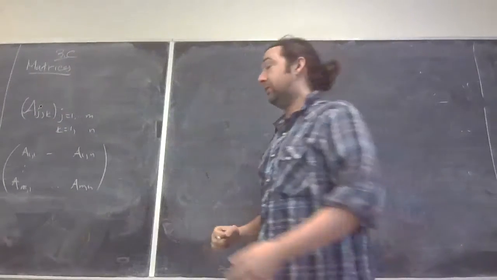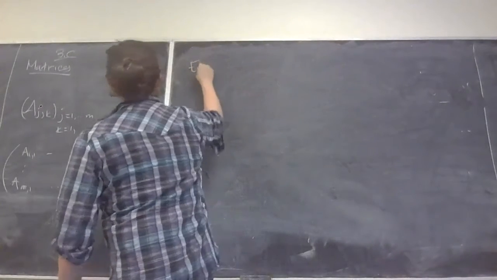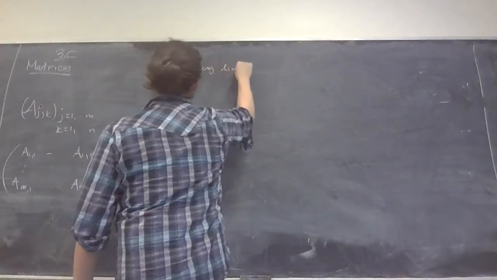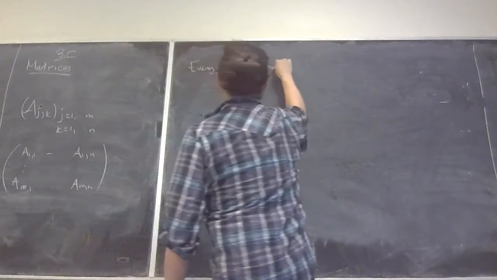Okay, so the big theorem last time is that every linear transformation, every linear map, has a matrix.